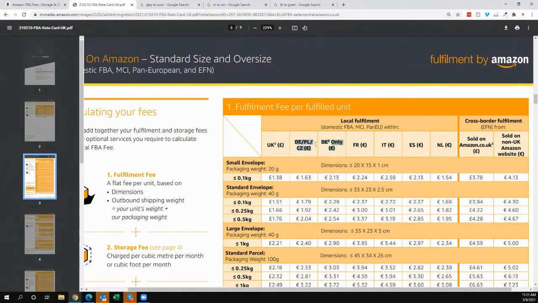You might be saying, well, to save the 50 cents, is it worth it? I would caution, start with a program where you're only in Germany if you're going to go into Germany, because if you store goods in Poland and in the Czech Republic, which is what this column is saying here, yes, you're going to save a little bit on the fulfillment fees.